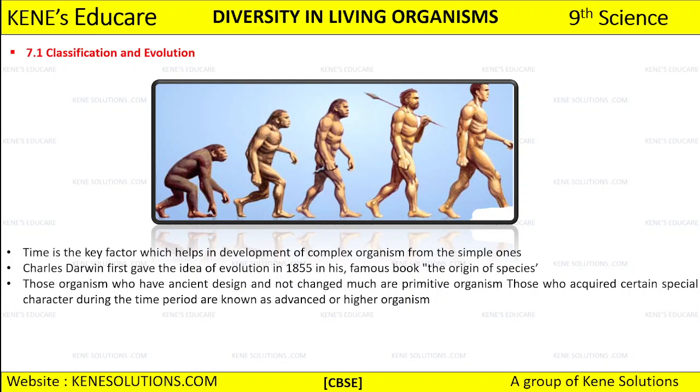Where was it given? It was given in the Origin of Species part. And just have a look at the year when this concept of evolution was being studied during that time. So the year is 1855.